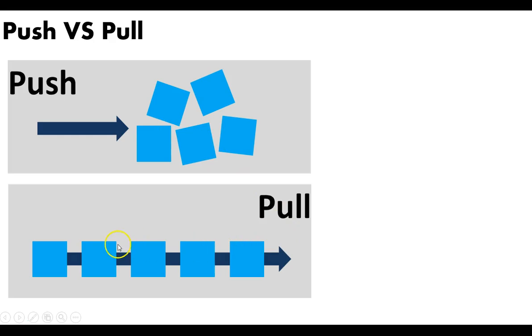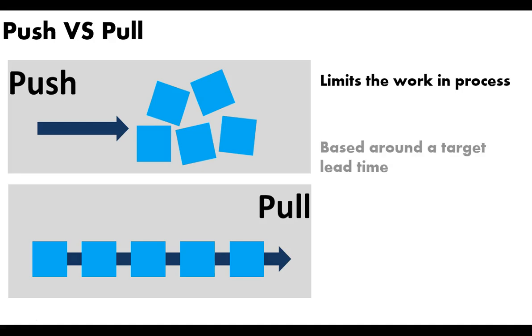Versus a pull system, where the work is not pulled until it's actually required, which creates a much more streamlined system. Much more streamlined, a lot less waste, a lot less built up work in process, a lot less likely to have an error getting lost inside of the system. So again, this push versus pull system, a pull system limits the work in process.